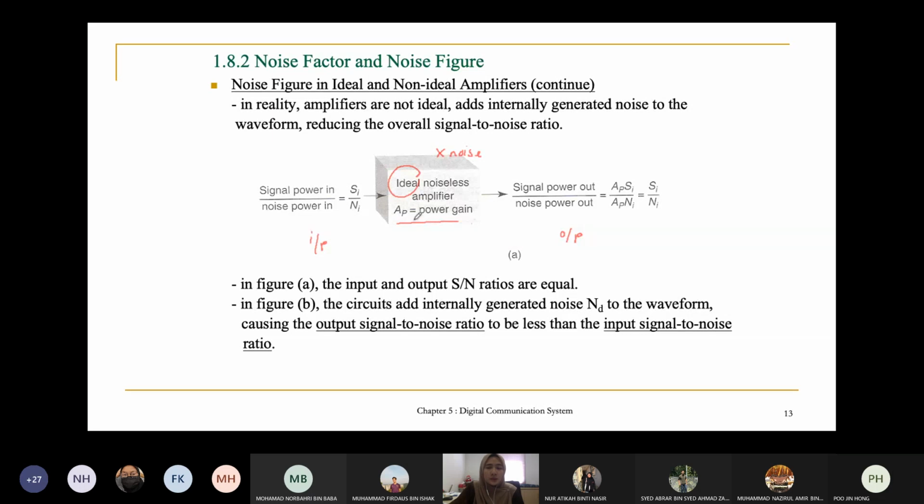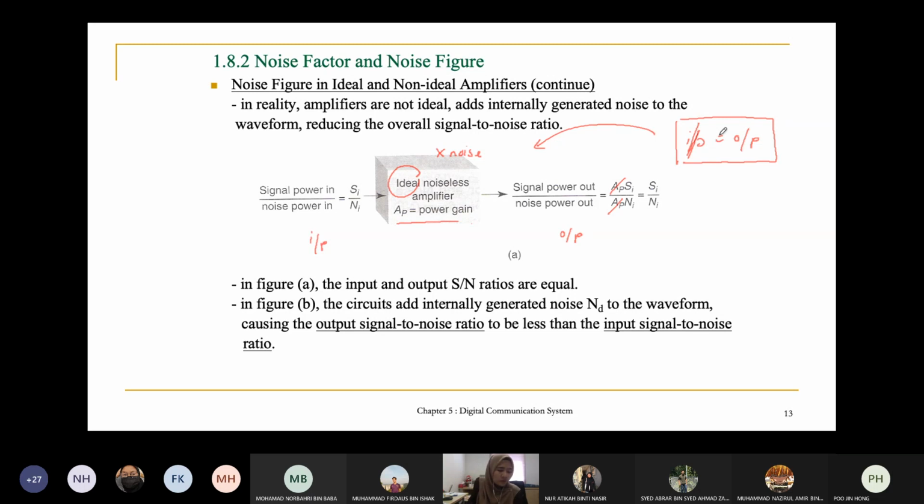AP is the power gain. So you can cancel the AP and you will get the output signal to noise ratio is Si over Ni, which is the same as the input. So you can see that input is equal to output. This means that the amplifier here is noiseless. There is no noise because you get input equal to the output.